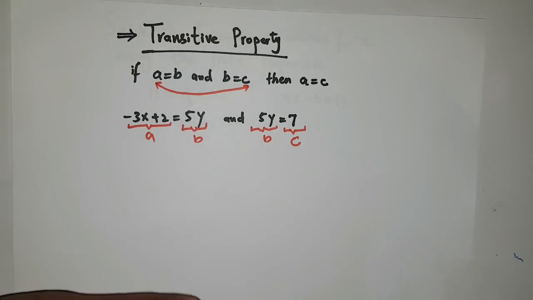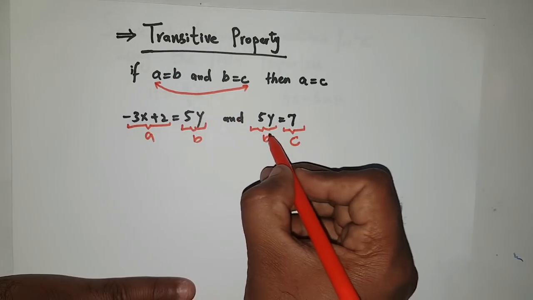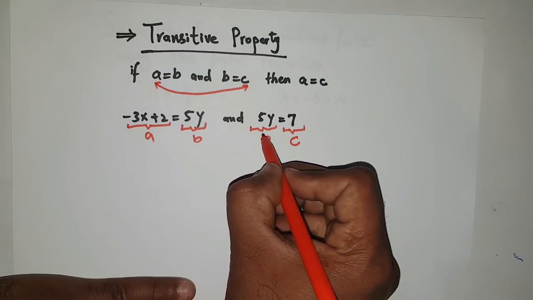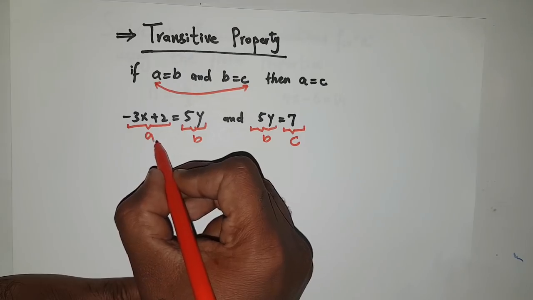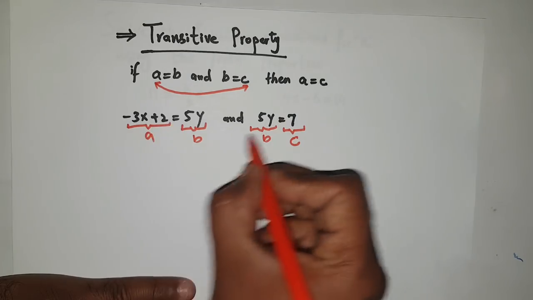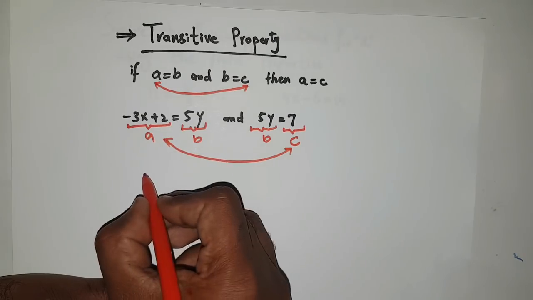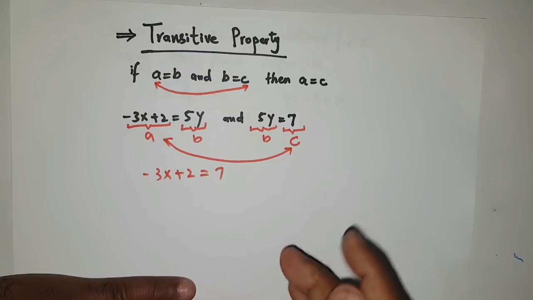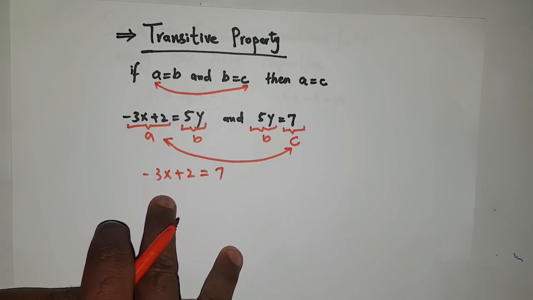By using the transitive property, we can say that b is common, 5y and 5y, so we can directly write minus 3x plus 2 is equal to 7. A is equal to c, and then we can further solve it for x.